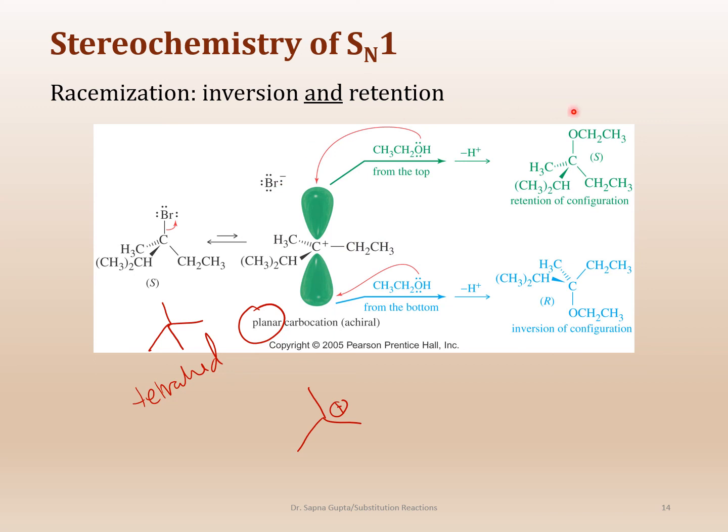So in this case, you end up getting a racemic mixture, which means you'll have 50% S and 50% R. No matter what you start with, whether you start with R or S, your product is still going to be a racemic mixture if you follow the SN1 mechanism. So it's really important for us to know which mechanism we are dealing with, because the stereochemistry of the product is going to change.